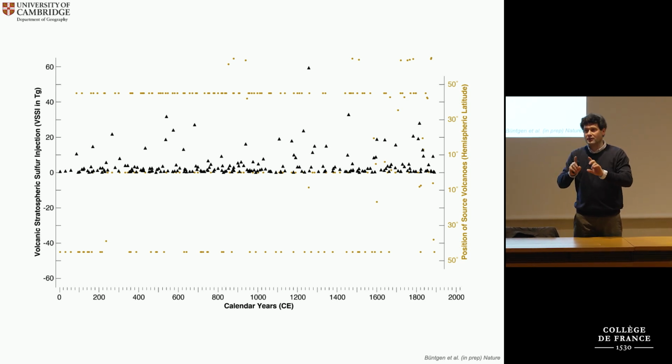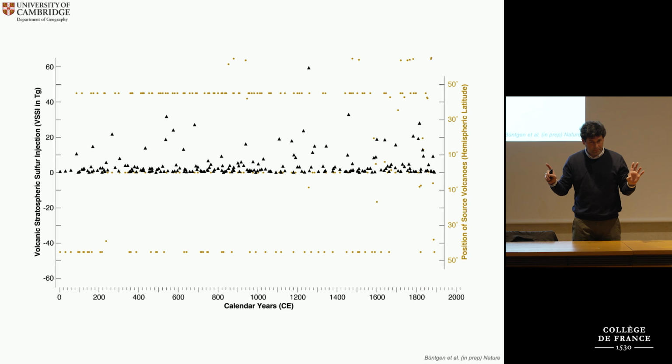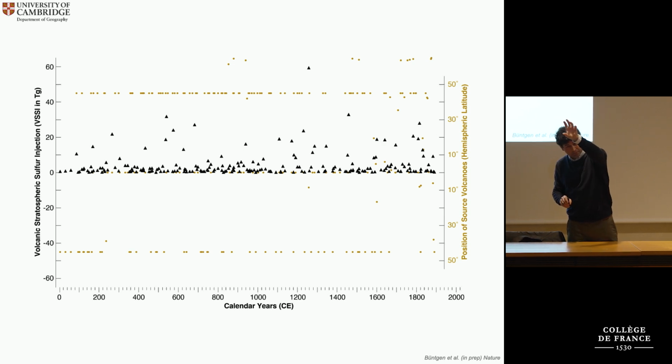This information does not come from the tree rings. That comes from the ice cores. Okay? So we have ice cores that are reliable in Greenland for the northern hemisphere and in Antarctica for the southern hemisphere. So two points in the world, not like our tree rings everywhere.